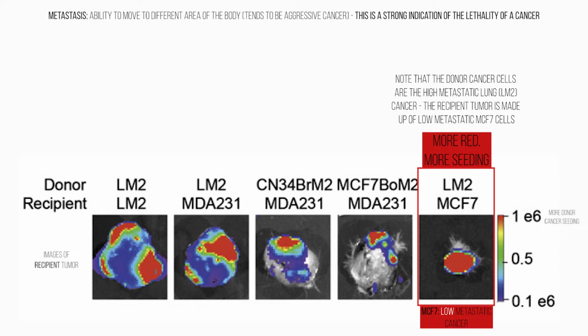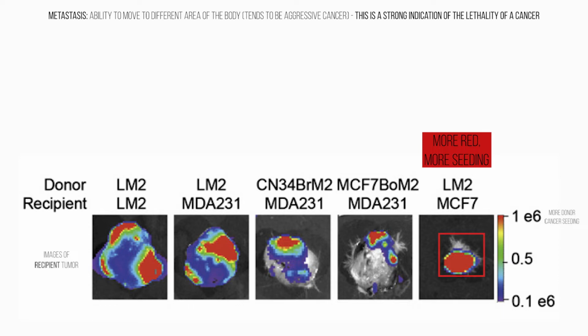So the recipient tumor has been changed to a low metastatic cancer cell. MCF7 is a low metastatic cancer. And yet we still see some of that seeding that does occur. As a matter of fact, although the tumor itself, the size isn't that great, the vast majority of that tumor comes from the donor tumor.